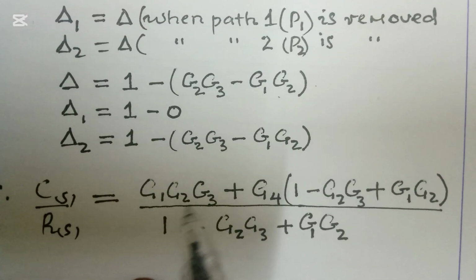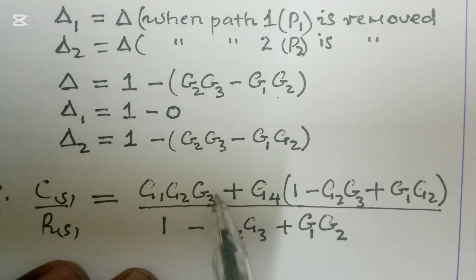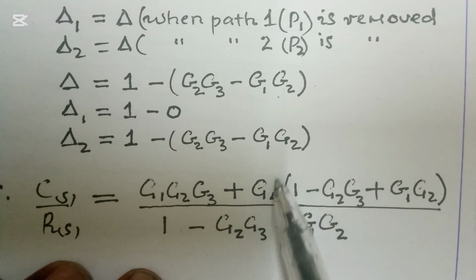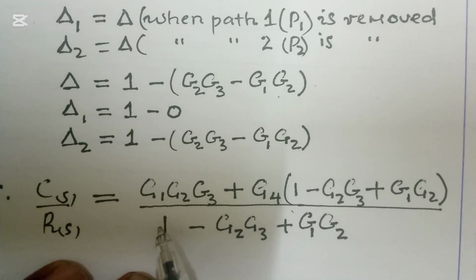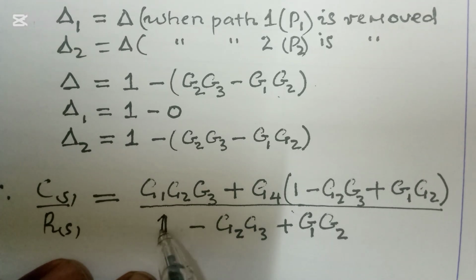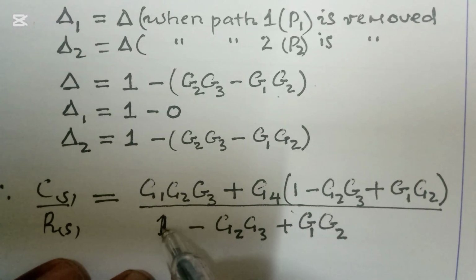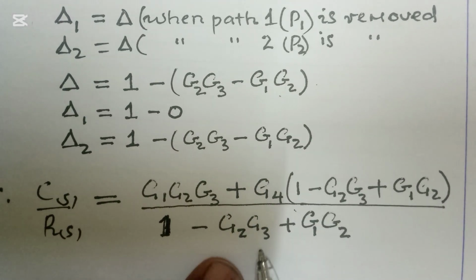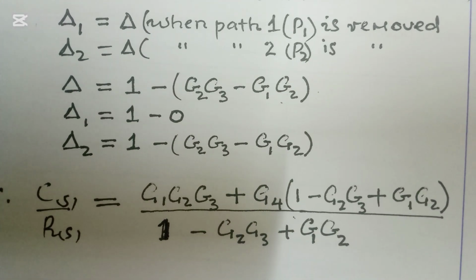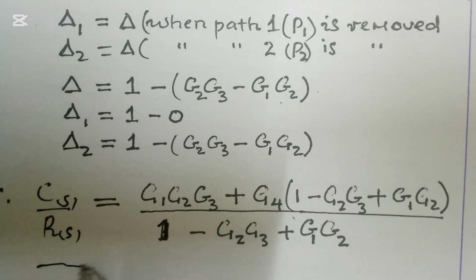You can see this is the P1, then you have a 1 there, P2, and then this is the delta 2, all over 1 minus the loop gains. And so therefore, guys, this is our solution.